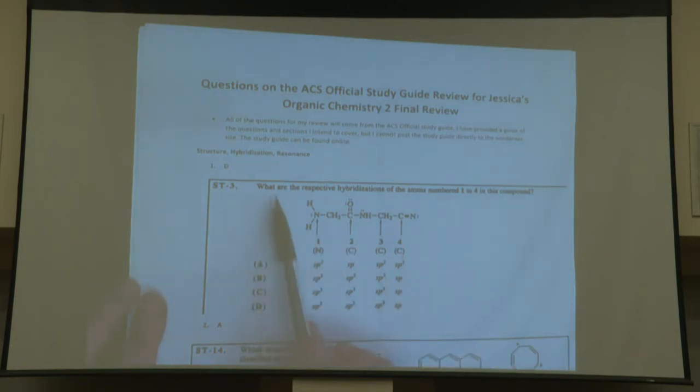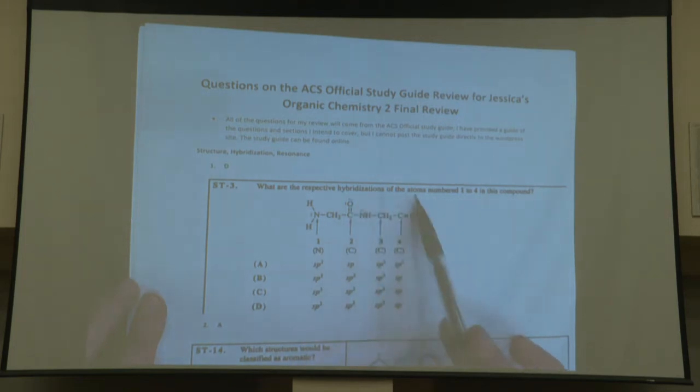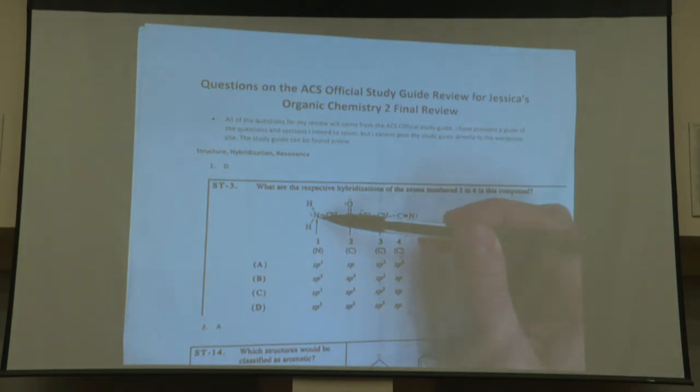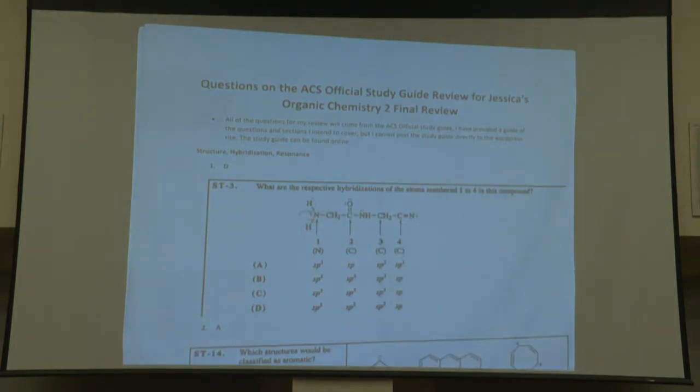So what are the respective hybridizations of the atoms numbered 1 to 4 in this compound? Do you guys remember how to do this? So this first one has 4 substituents, 4 electronic groups, right? So it's tetrahedral.